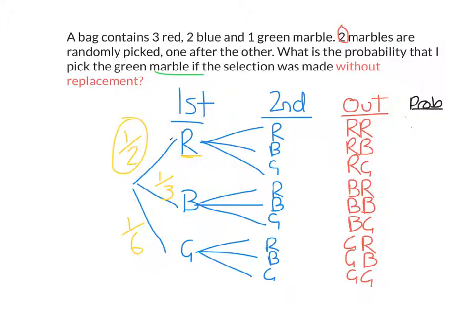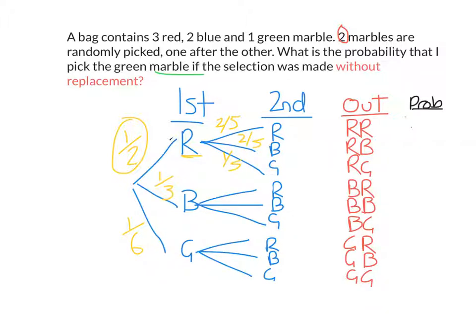So if I pick the red and don't put it back, there are going to be 5 marbles left: 2 red, because I've picked one and haven't put it back, 2 blue, and 1 green. So the probability I get a red the second go around will now be 2/5. Blue will be 2/5, and green 1/5.